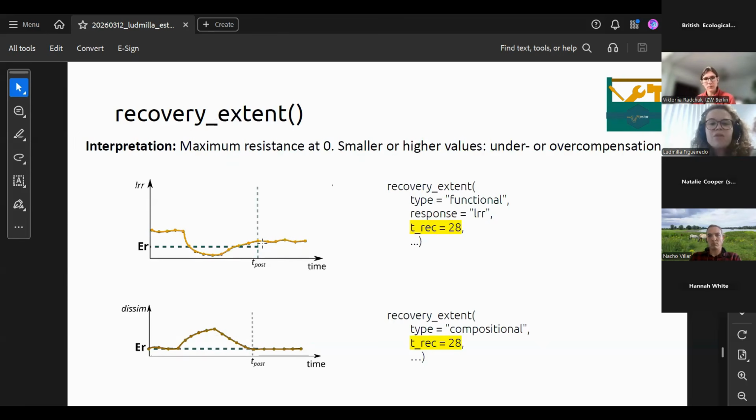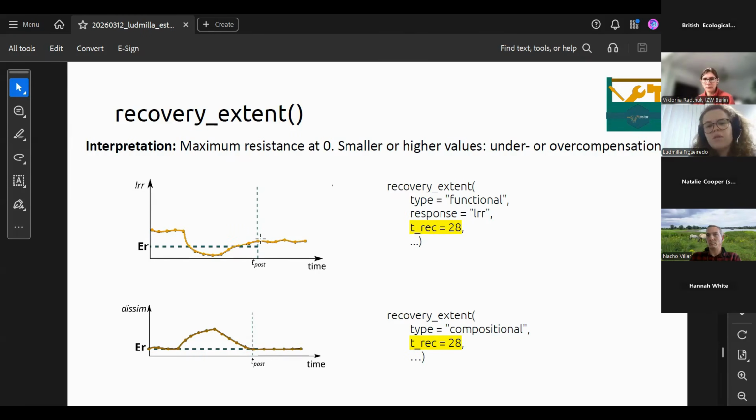Then we have recovery extent, which you can imagine is like, okay, the user can say, this is the point when I expect my system to have recovered. I'm going to check how close it is to what I would consider to be recovered. And you can imagine, sorry for the typo here, that the maximum recovery happens at zero because it means that after all of this, your system is back to normal.